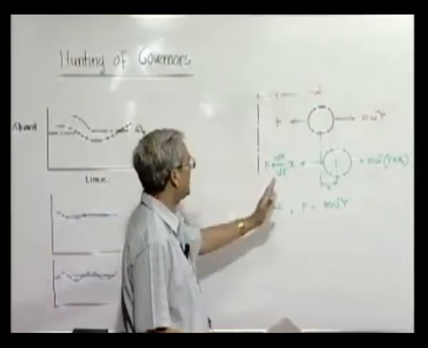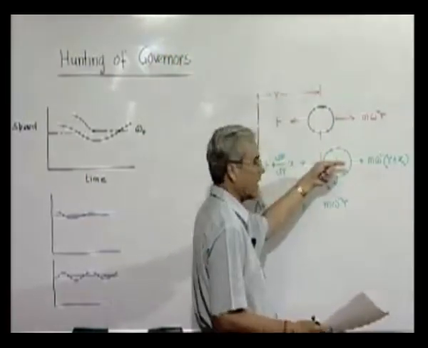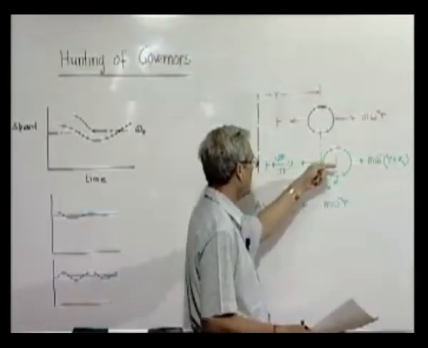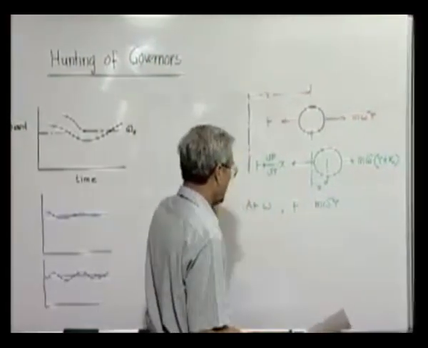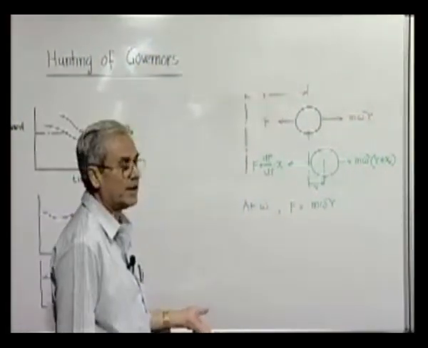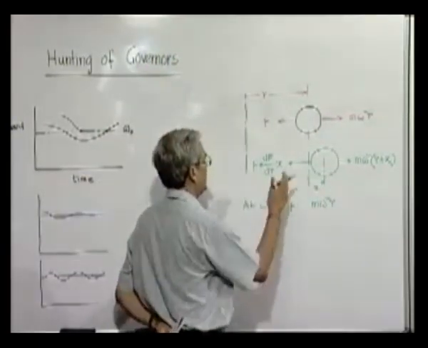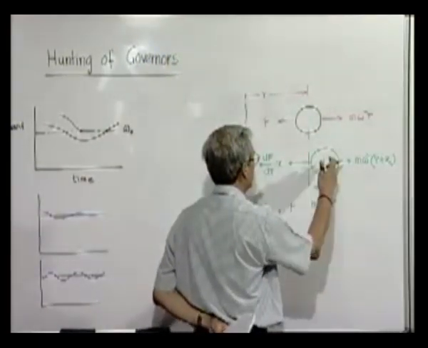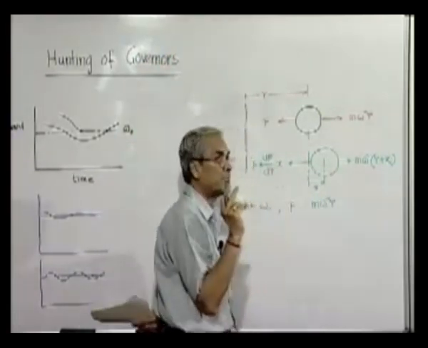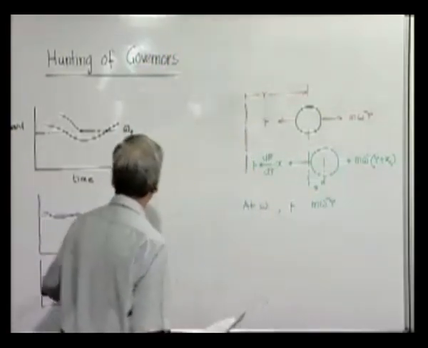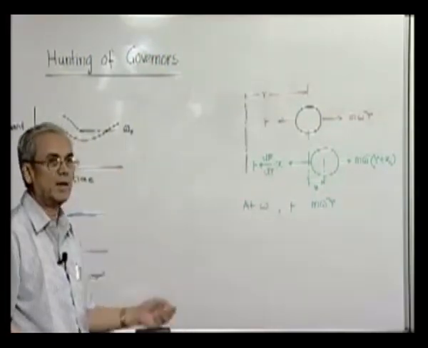That means if a governor operating at a speed omega at a particular r, if we displace the spherical mass, then we will find that this spherical mass will oscillate about the original equilibrium position, that will give us the natural frequency. Now one thing we have to keep in mind, the mass of the whole system represented by this is not the mass of the sphere, because there is certain amount of matter present in the linkage, certain amount of matter present in the sleeve, all those things.